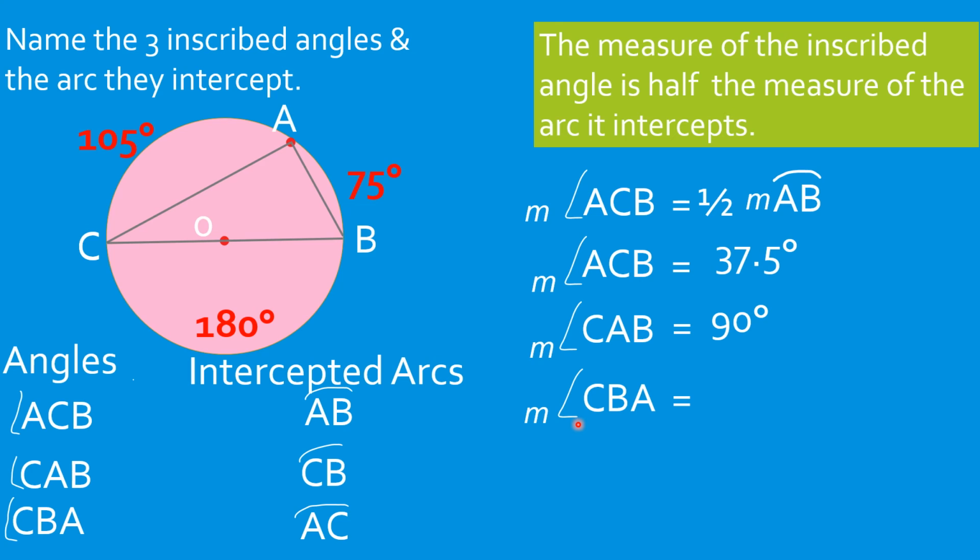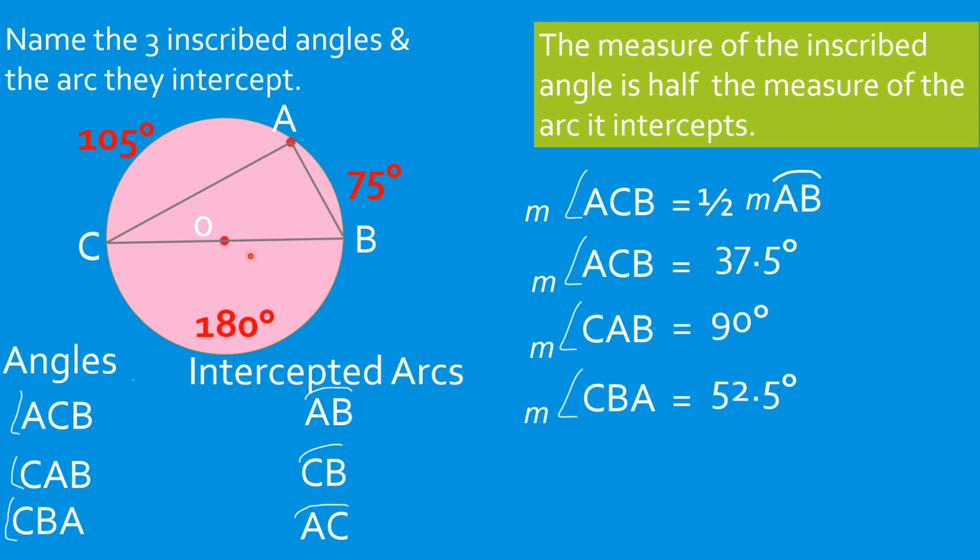Now, what is the measure of angle CBA? Okay, CBA or ABC, this angle here. And the arc that intercepts this angle is arc CA, whose measure is 105 degrees. So therefore, that is equal to half of 105, which is 52.5 degrees.